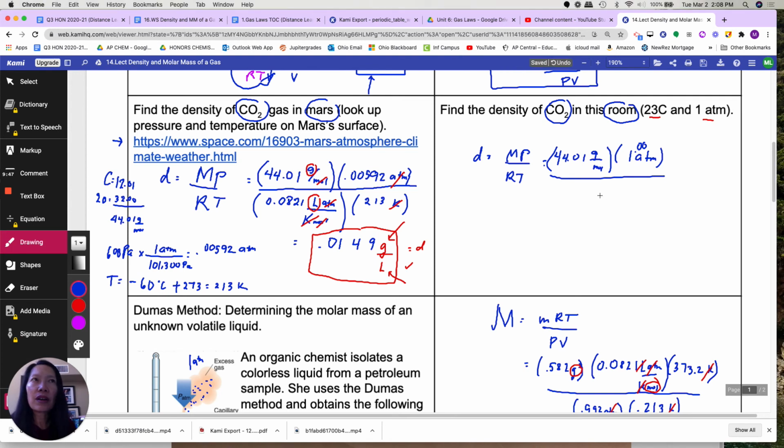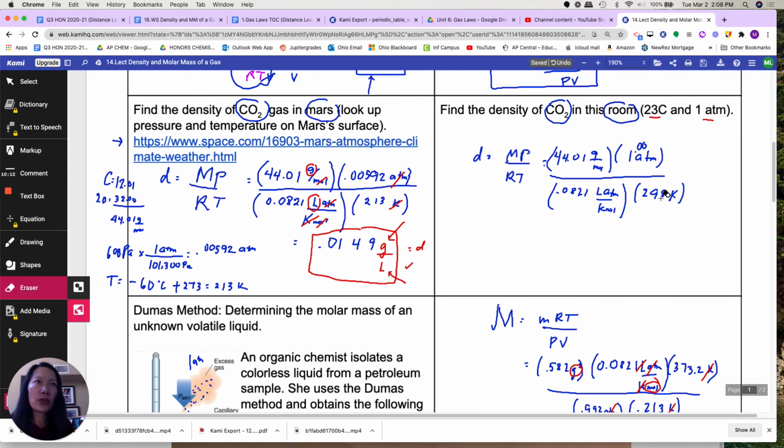R, 0.0821 L·ATM per Kelvin mole. To help me remember this, sometimes I say Latam Camol. Okay, and then temperature, 23 plus 273 is 298. I'm sorry, 296.